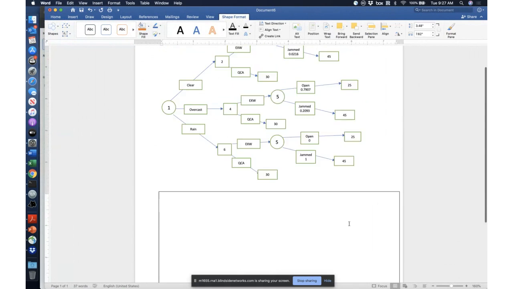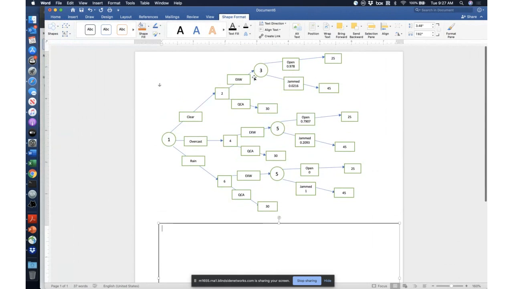Right. So let's begin here. Let's calculate the expected payoff.